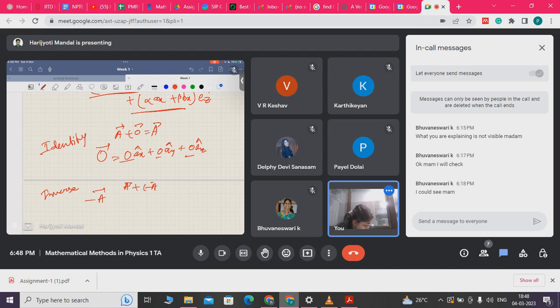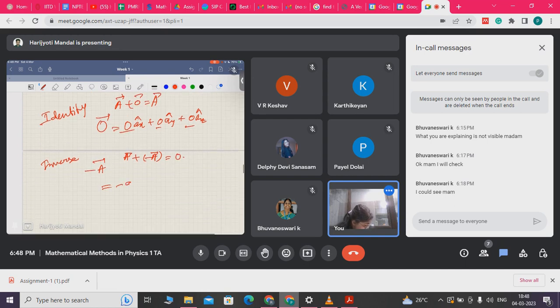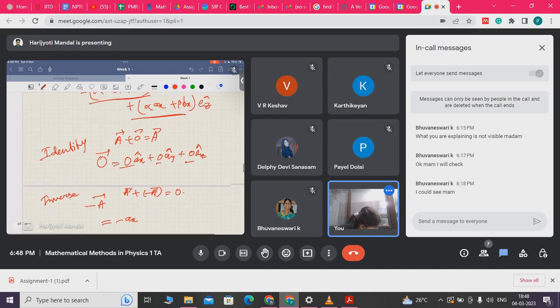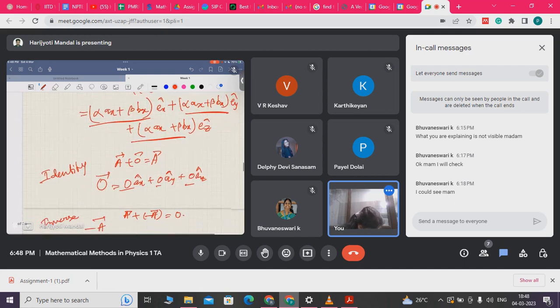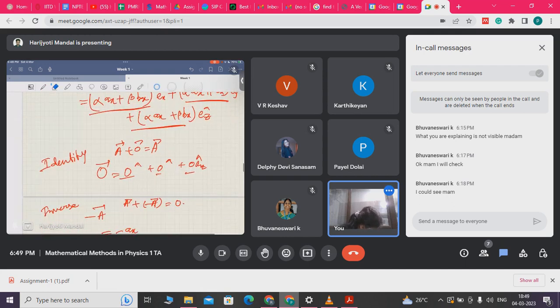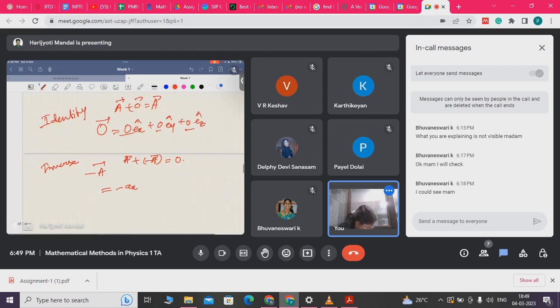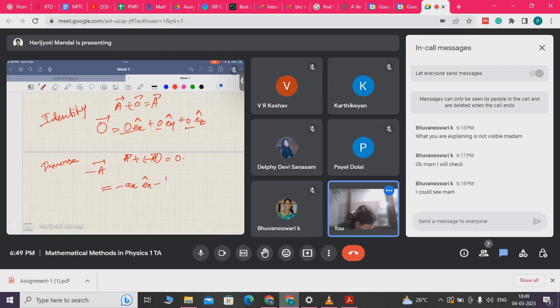For inverse, if we consider minus A, because A plus minus A gives us identity 0, minus A will be minus ax, sorry, I have made a mistake, it's not ax, it's ex.